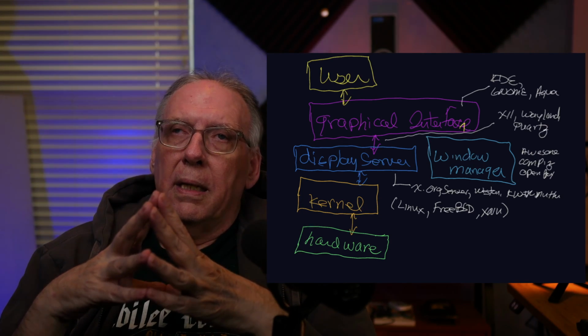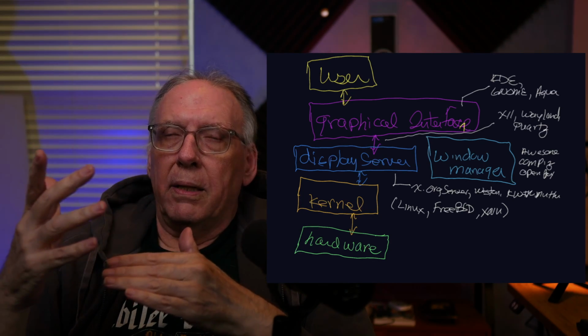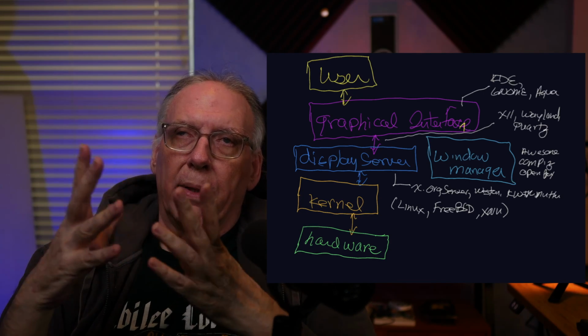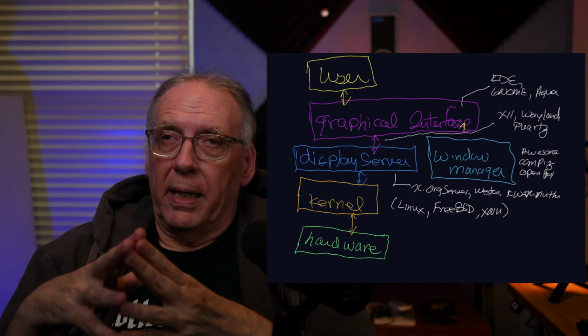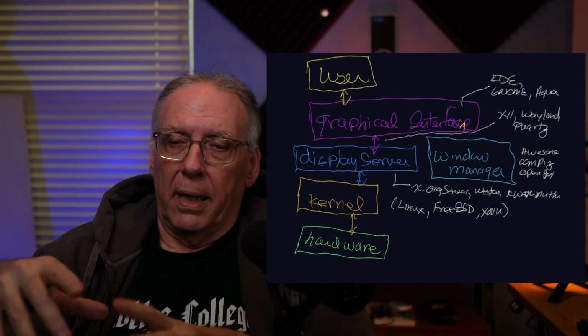And XQuartz is still maintained as open source. Then above that, you have the user. And that would be where you would plug in your device and be able to access applications through the display manager.